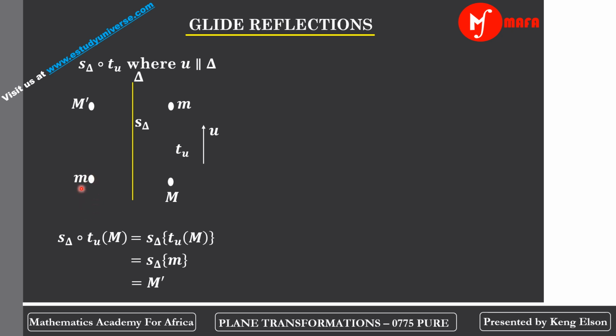Then we find the image of the point small m under the translation with translation vector U, which is parallel to the axis, and we get the point m prime. So basically this is what we do. We reflect capital M to have small m, then we translate small m to have capital M prime. So the image of capital M either way is always M prime. Our small m is just an intermediary.